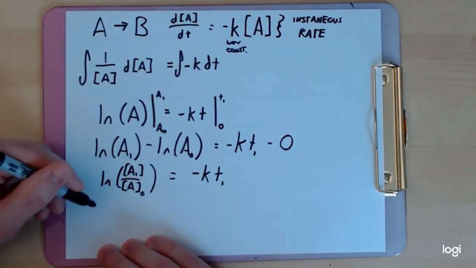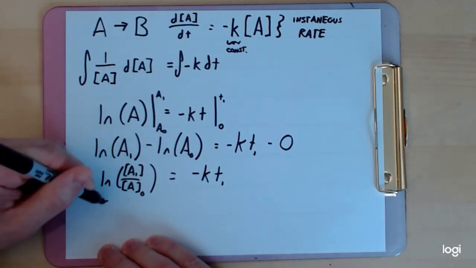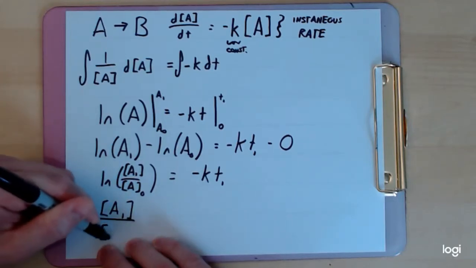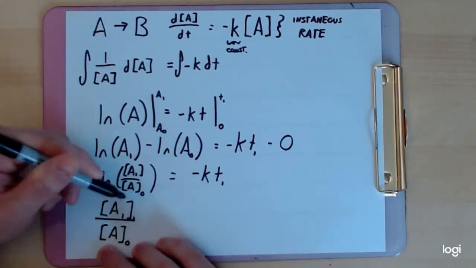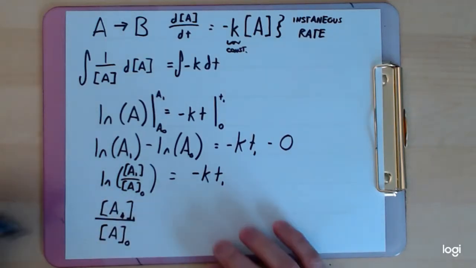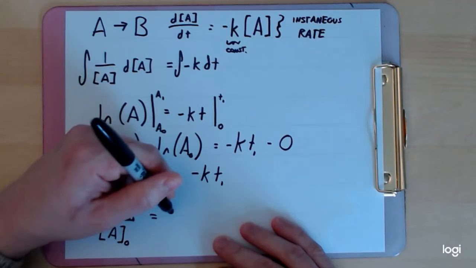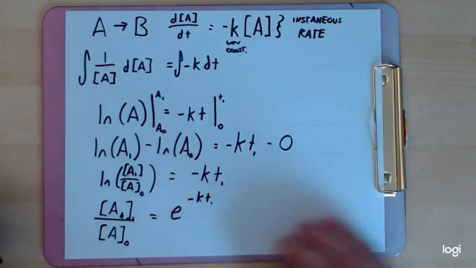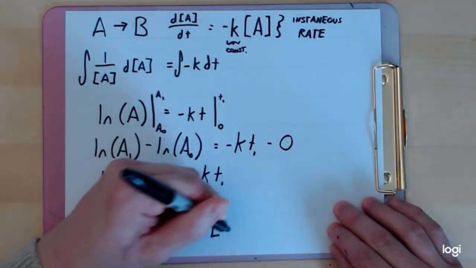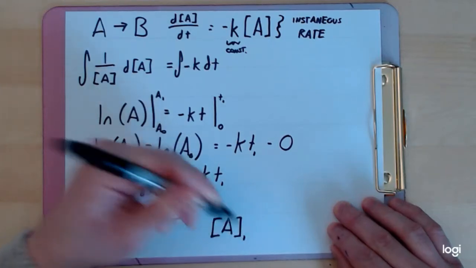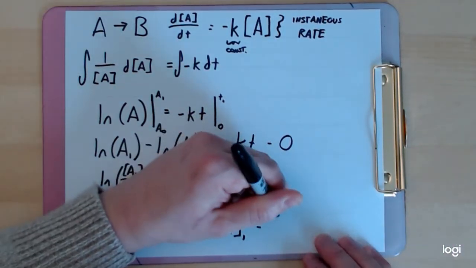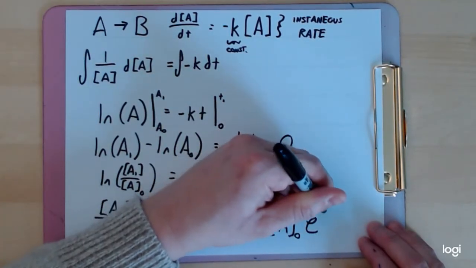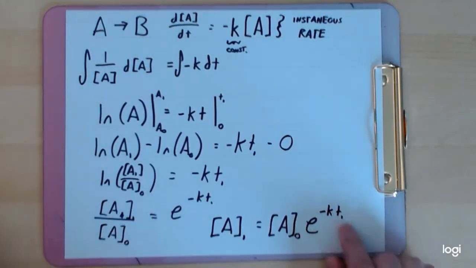And then just exponentiate both sides, and you end up with your final concentration at time 1 over your initial concentration equals e to the negative k t1, your final time. Just multiply through by A0, and you end up with your concentration at time 1 is equal to your concentration at time 0 times e to the negative k t1.